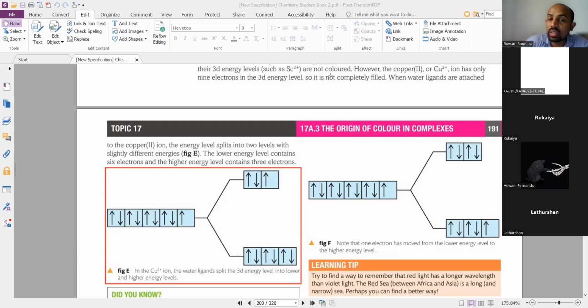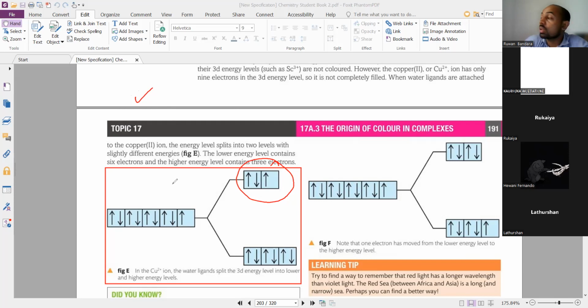For the next step to happen, there should be a vacant orbital in the higher level. Okay, so in the first step you wrote ligand causes d orbitals to split into two different energy levels, right?